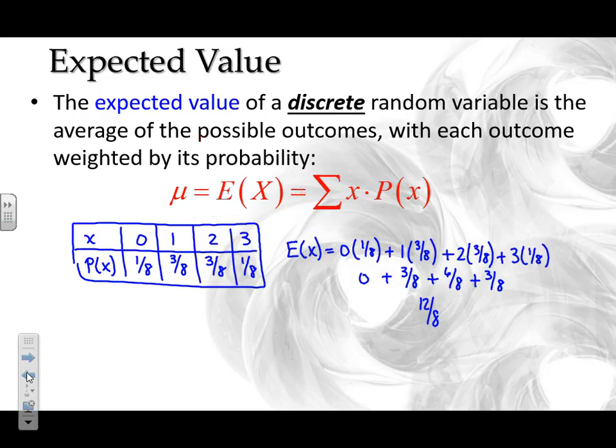And 12 over 8 would reduce down to 3 over 2, which would be 1.5. So whether we use the histogram and find the center that way, or we use this easier formula, we still get that we should expect to see 1.5 heads every time we flip 3 coins.